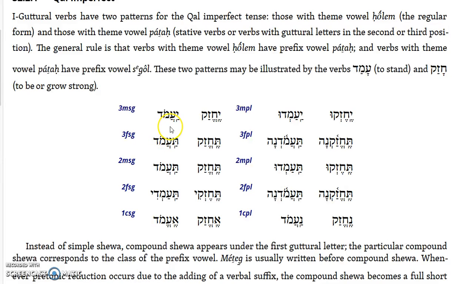So you give half a patah, half a shewa, a hataf patah, and so you end up with the hataf patah there. But then, because of vowel harmonization, the hireq under the yod ends up going to a patah. So instead of getting yi-mod, you get ya-mod. Yi-mod goes to ya-mod.